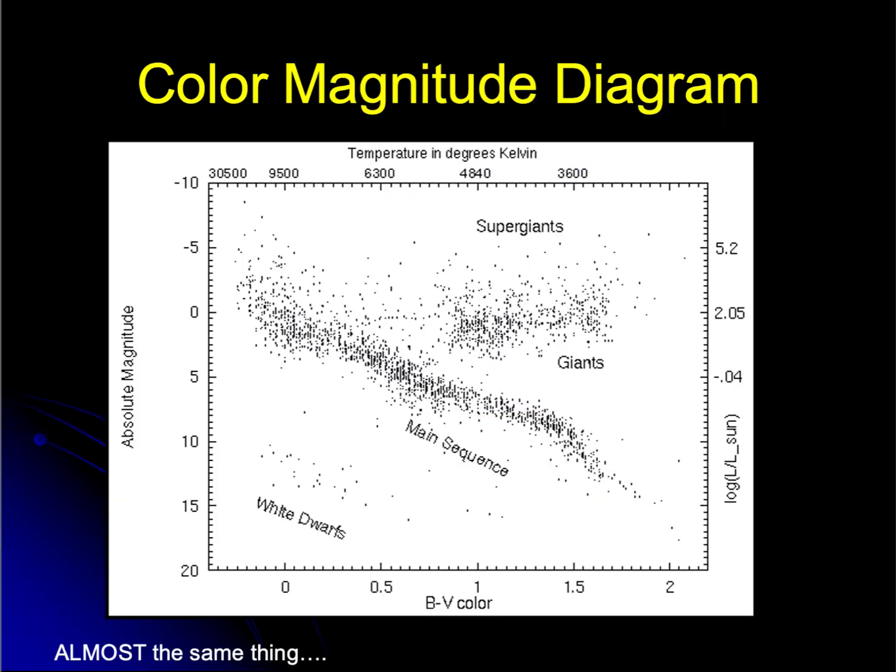This image shows almost the same thing as a traditional HR diagram. It's called a color magnitude diagram. It's displaying basically the same information, but the bottom axis looks a little different. The bottom axis has a different series of numbers that are related to temperature, but are not expressed in degrees, but in a color index.